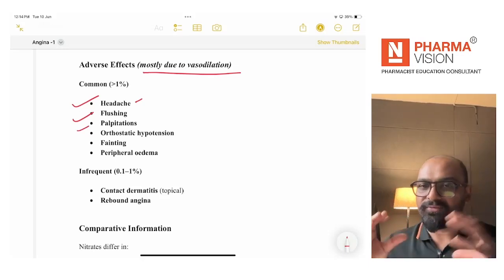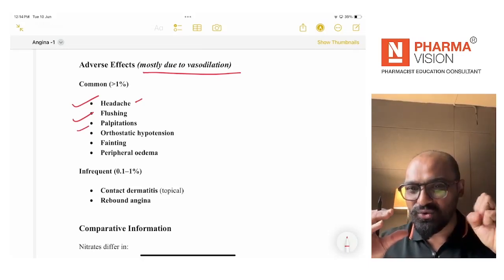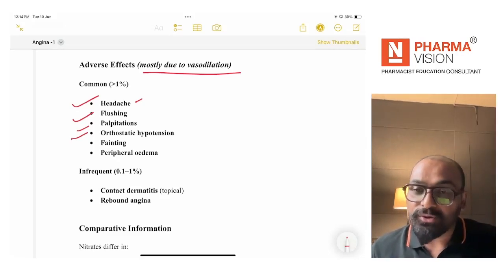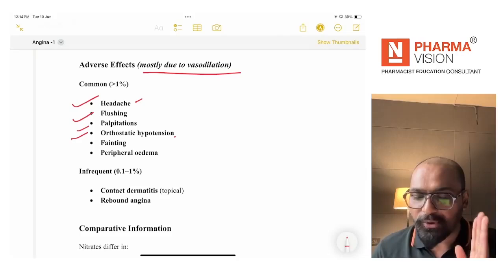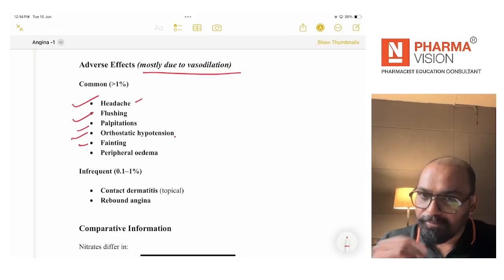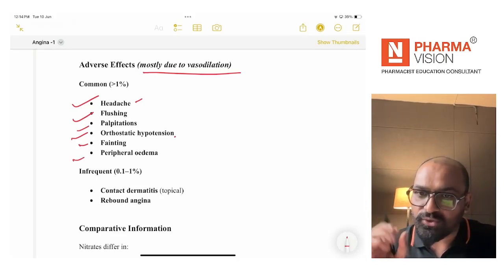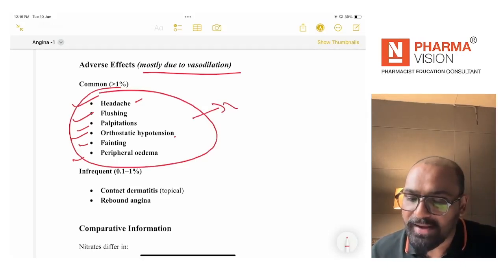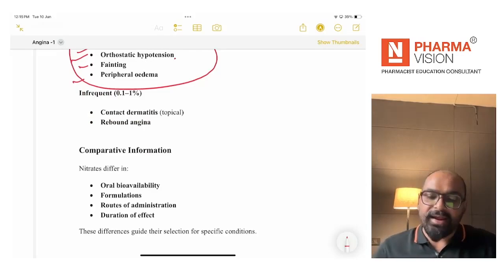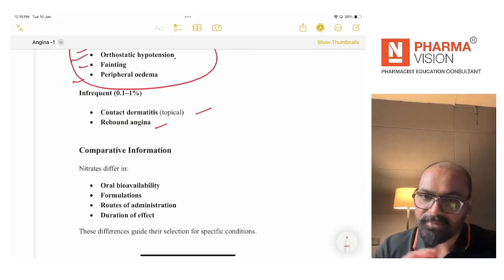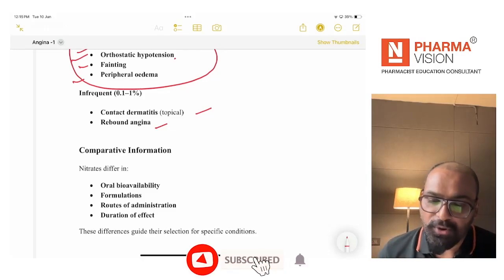Palpitation: vasodilation can cause a reflex in the heart, and that's called palpitation. If the patient changes position, orthostatic hypotension is also possible. Fainting means blackouts and increases the risk of falls. Peripheral edema because of the vascular dilation. So all these symptoms are associated with the vasodilatory effect. The rare side effects are contact dermatitis and rebound angina, because the blood vessels are not responding to the nitrates.